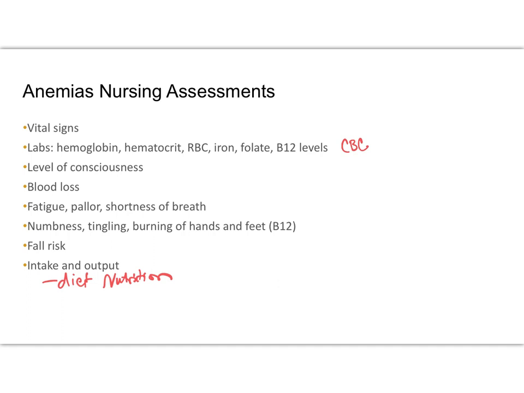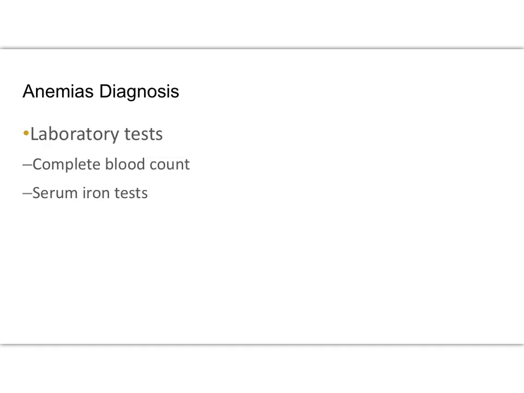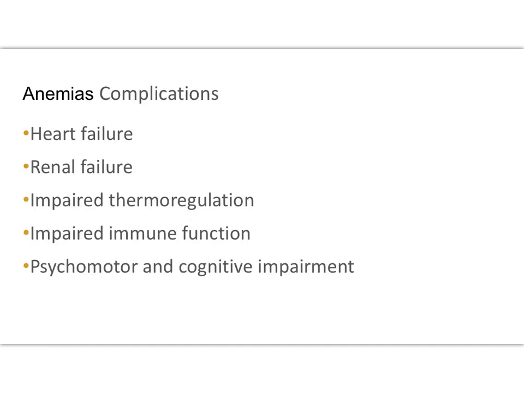What might be going on? Okay. All right. So some of the other disease processes that might come into play or be impacted, we talked about renal failure in our epoetin, right?